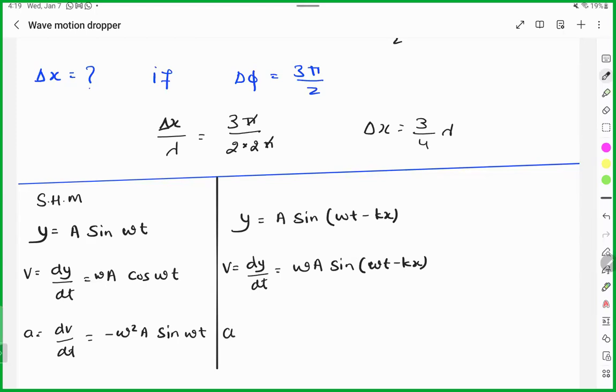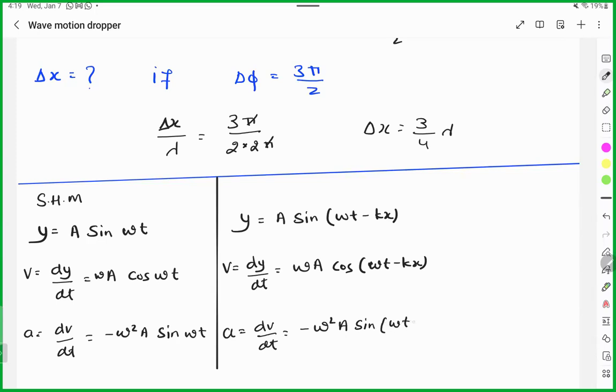And if you calculate acceleration here, dv by dt, again by differentiation, minus omega square A sine. It will be sine, but the problem is I wrote cos here by mistake, because differentiation of sine is cos, and differentiation of cos is minus sine.